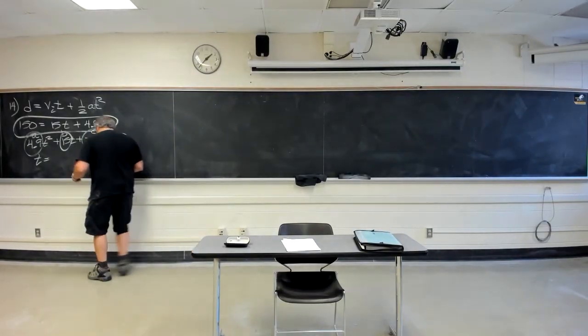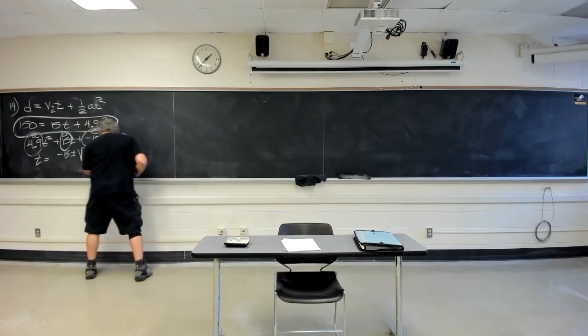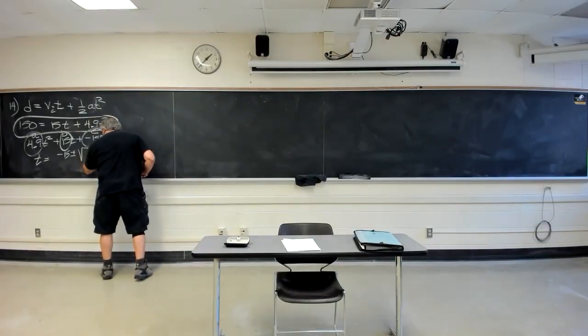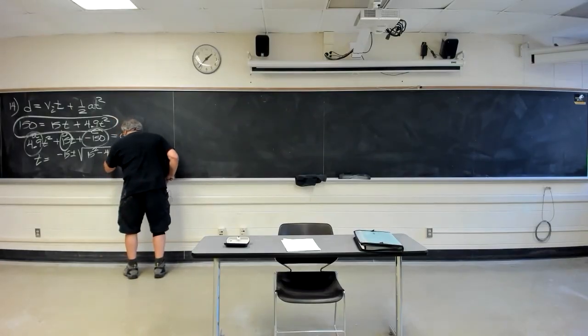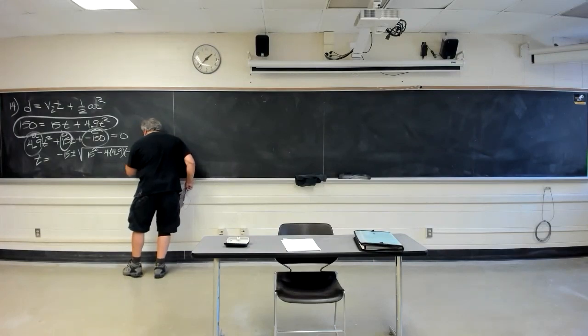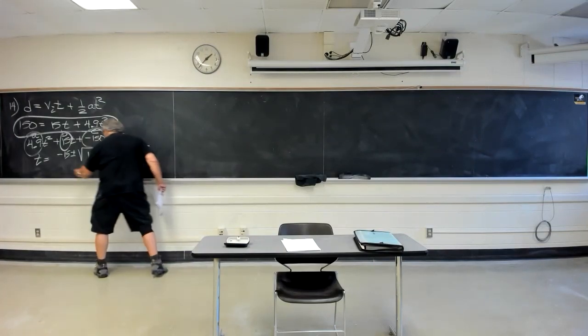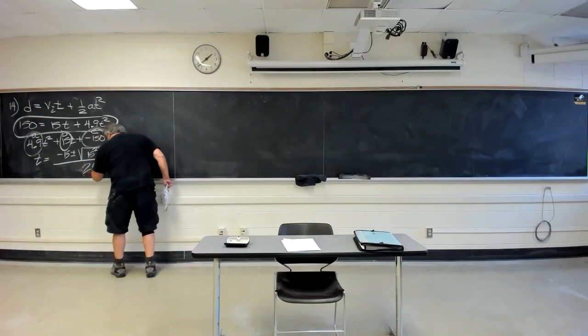t equals the opposite of b, plus or minus the square root of the quantity b squared minus 4ac, where c is negative 150, over 2a, which is 2 times 4.9.